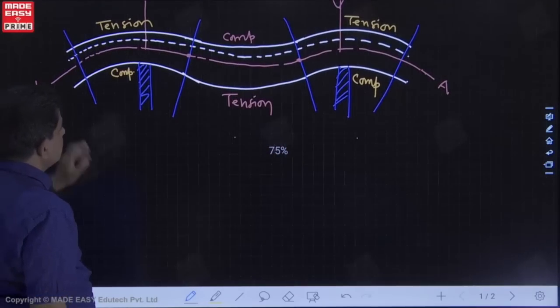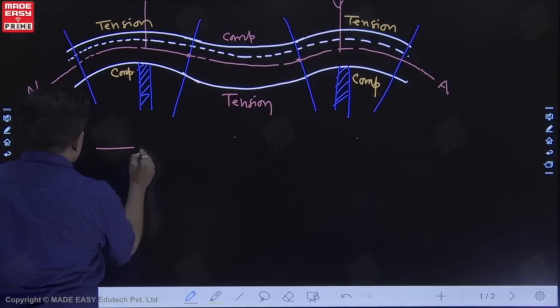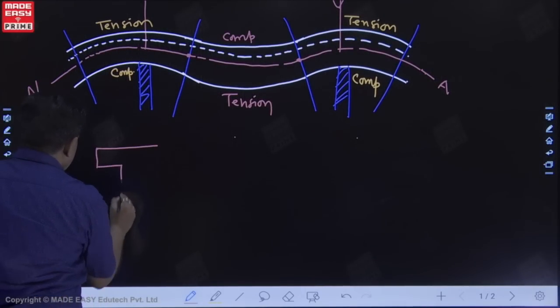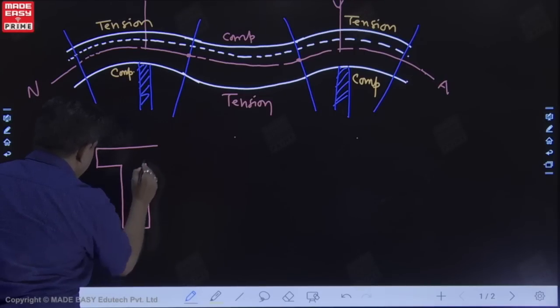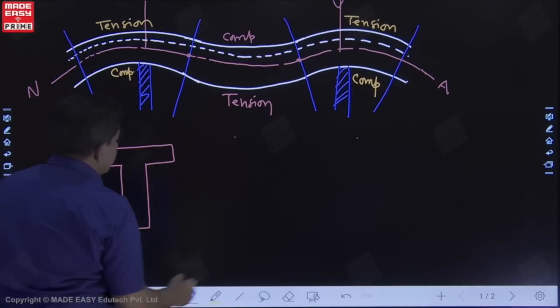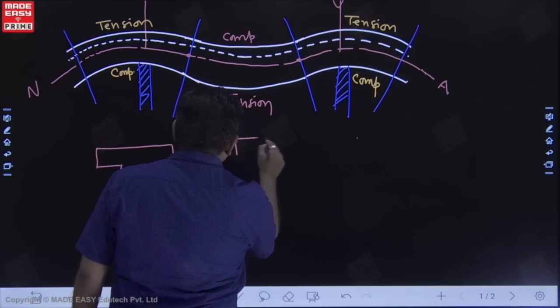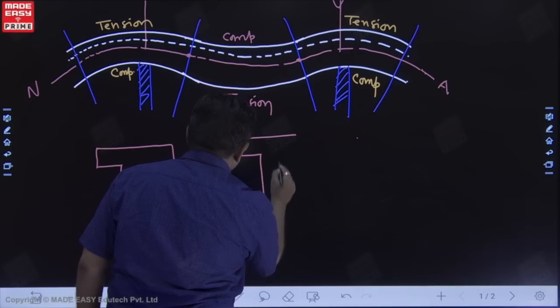If I show you the cross section, understand with cross section, this is your T-beam. What I am trying to show you, these are the 2 cross sections.